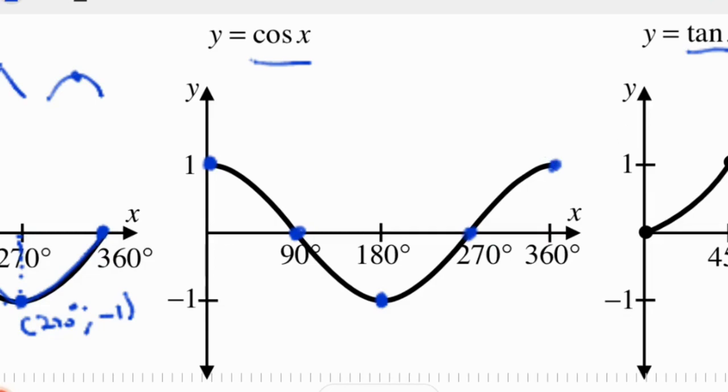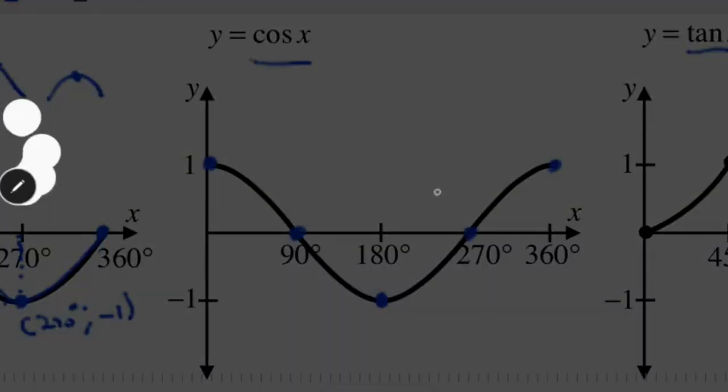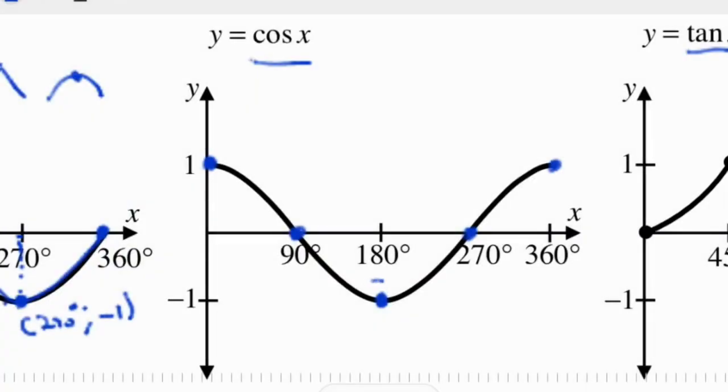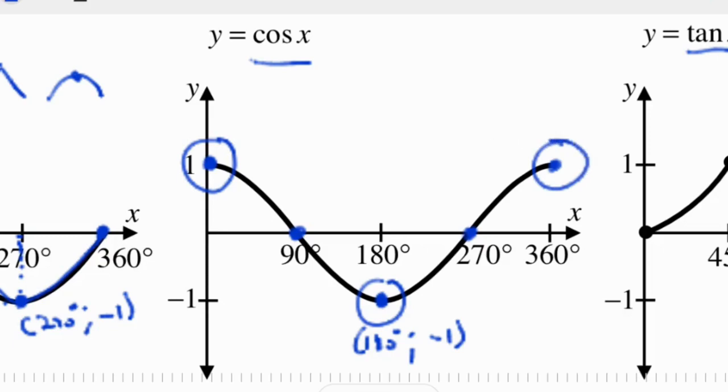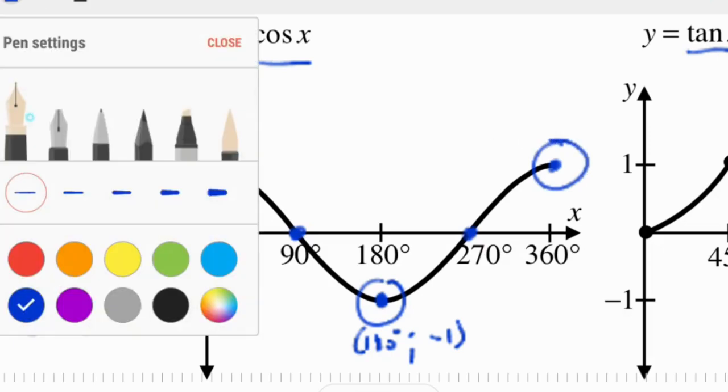Okay, so where is our minimum for this one? It's there, okay? The point that is at the lowest. So this is our minimum when x is 180 and y is -1. And the maximum will be here as well as here, the highest points, okay?